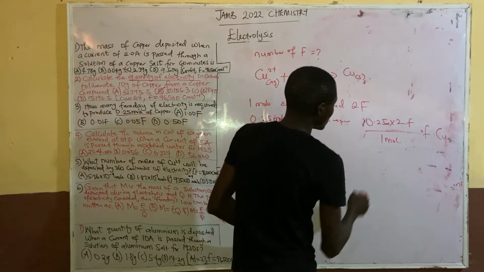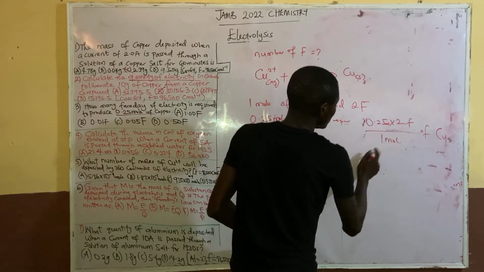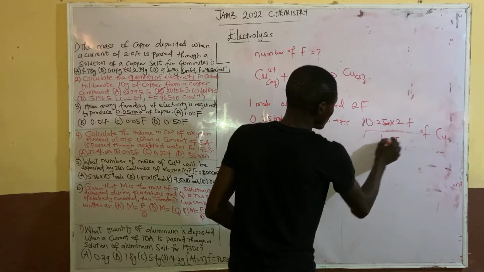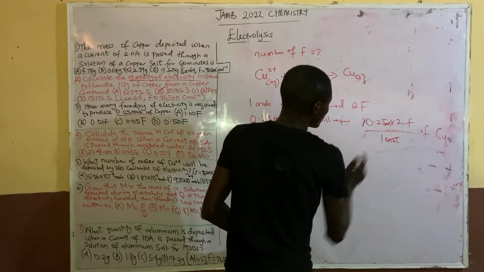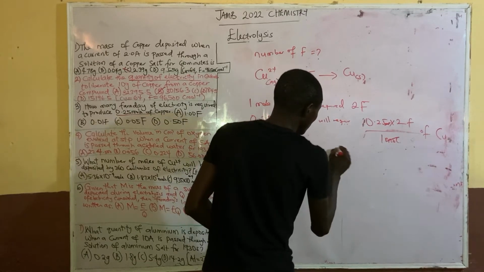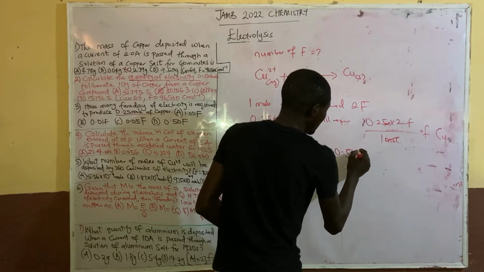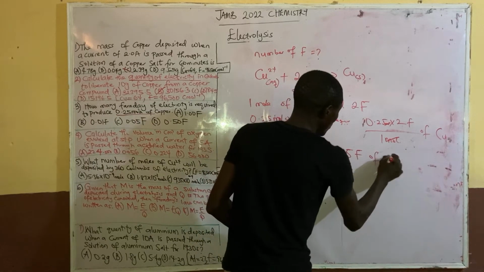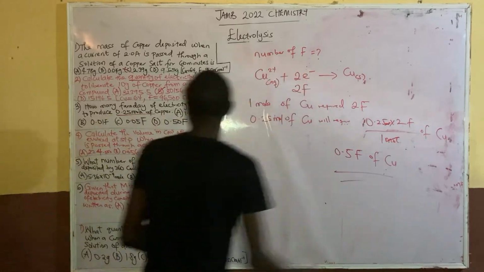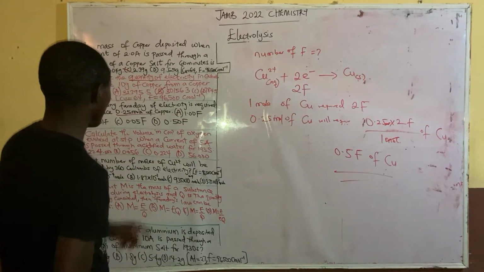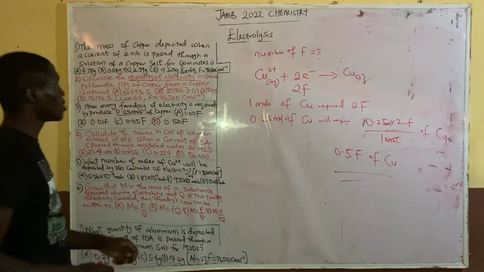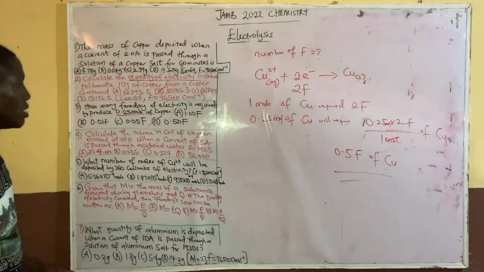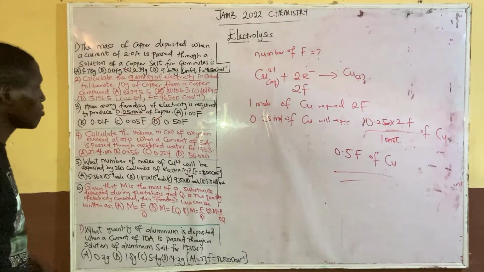This multiplied by this, the mole will definitely cancel the mole. 0.25 times 2, you are going to have 0.5 Faraday of copper. That's option D, the final answer for that one.